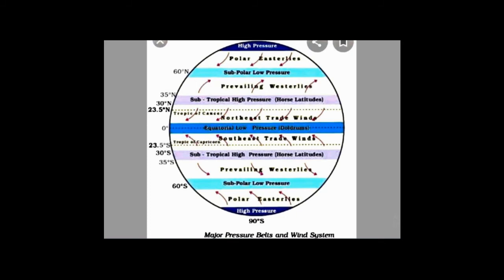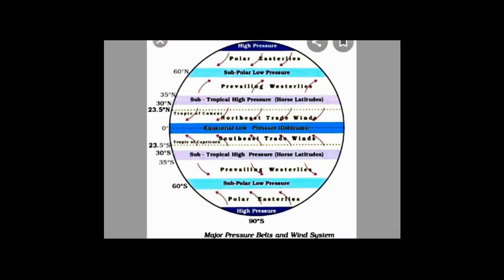And if air gets heated up, then it expands, becomes lighter, and moves upward. So there will be very little air to exert pressure, resulting in a low pressure condition. This is the first point.